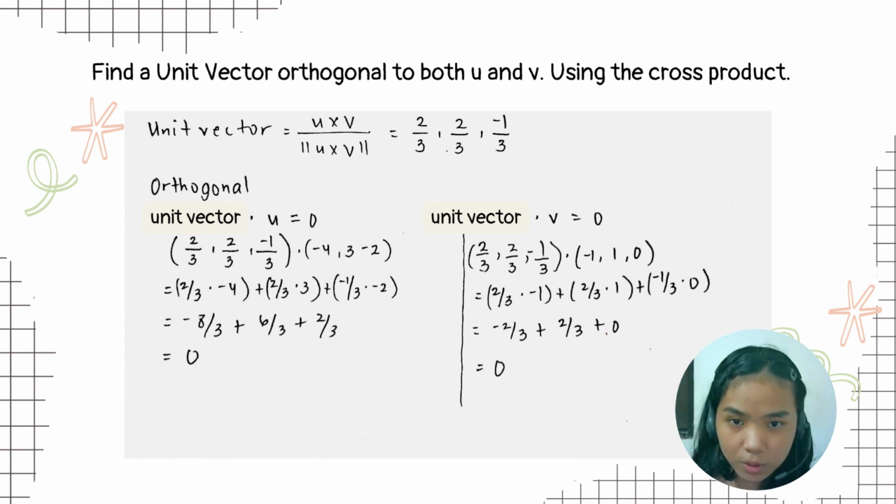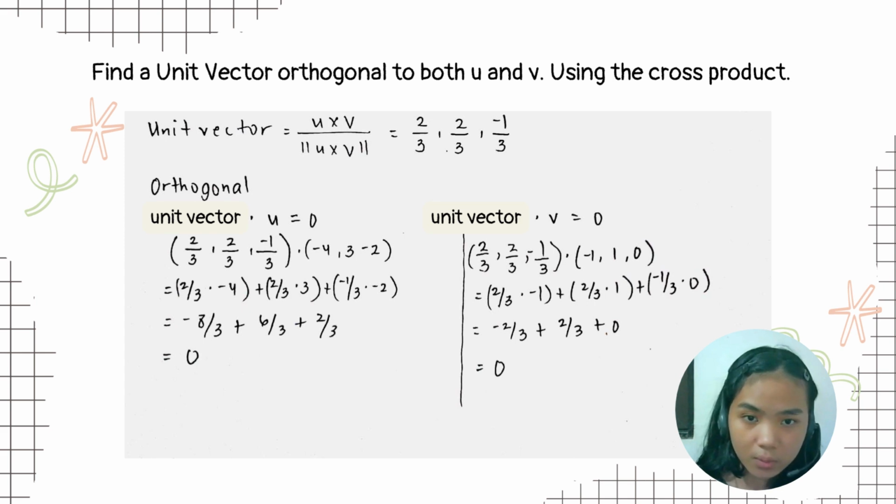So let's multiply. 2/3 times -4 is -8/3. 2/3 times 3 is equal to 6/3. And -1/3 times -2 is 2/3. And then we'll just have to add this all up. -8/3 plus 6/3 plus 2/3 is equal to 0.